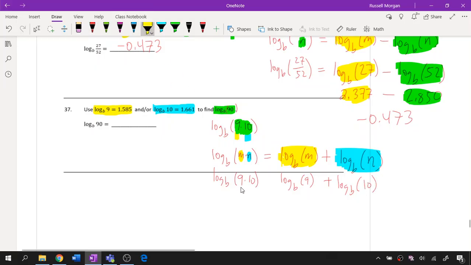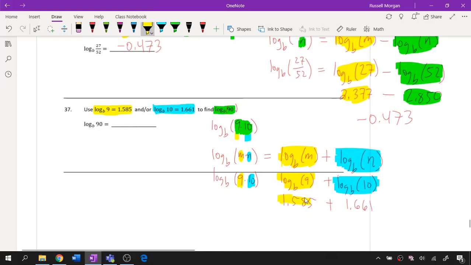And if I color code them, the first guy, the 9 guy, was the yellow, and the 10 came from this guy over here. And of course, all I need to do now is take their actual values. The log base b of 9 was 1.585. And we're going to add that with the blue guy. The blue guy, log base b of 10, was 1.661.